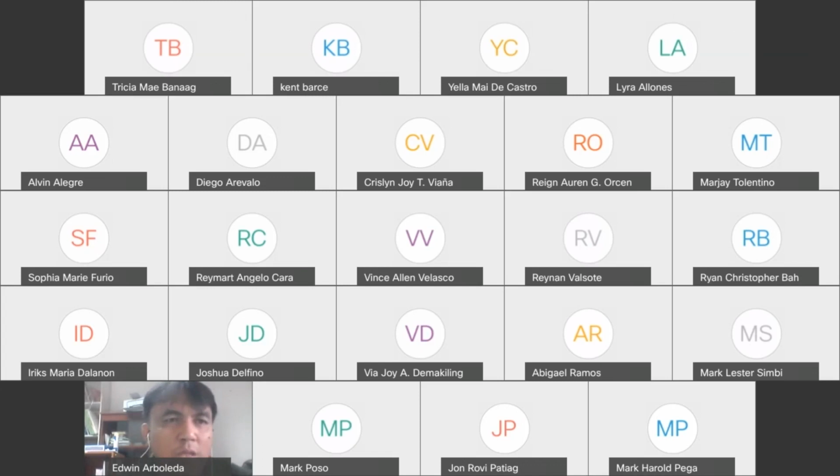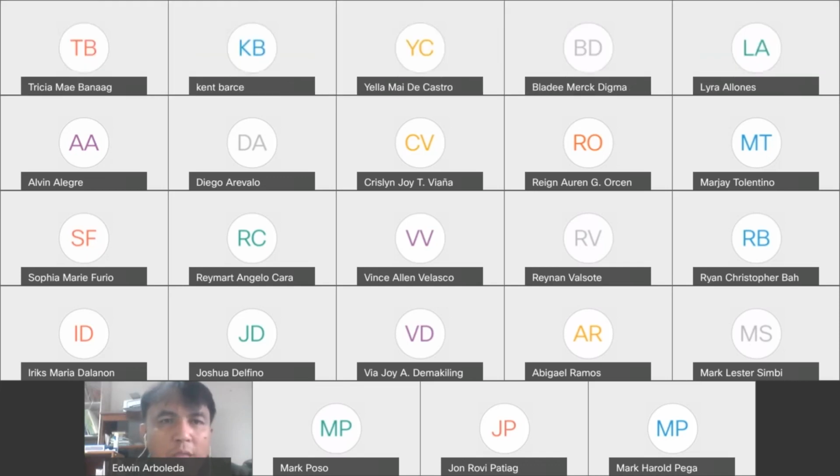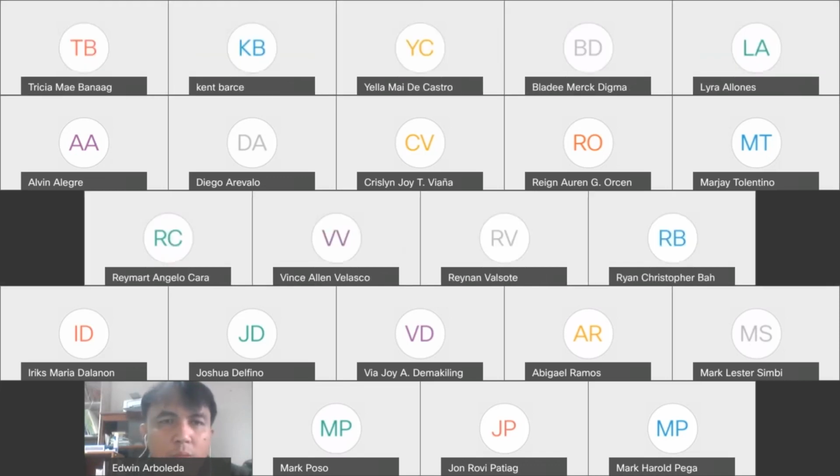You just save it into one folder. And you have another article. All the references for that article will go to folder number 2, and so on and so forth. It's easy to organize the downloaded article. That's correct. For Ms. Tricia May Banag.